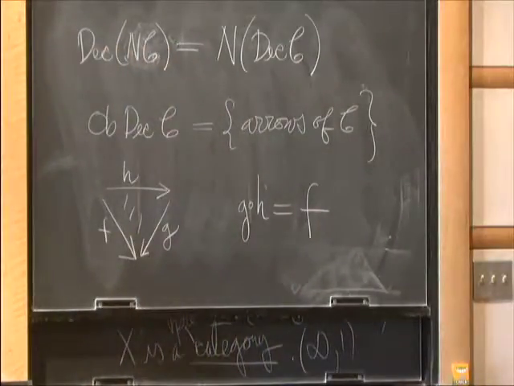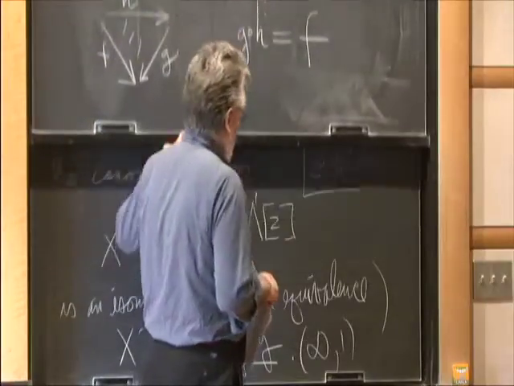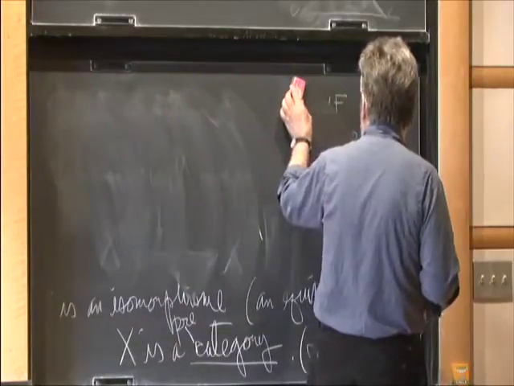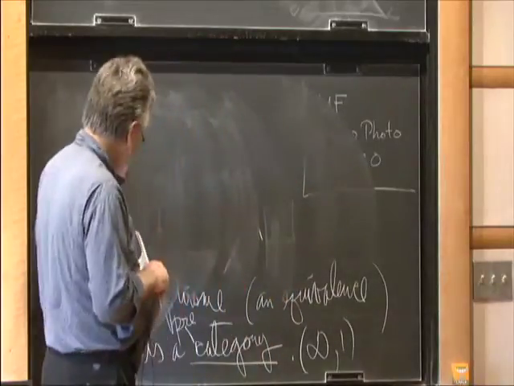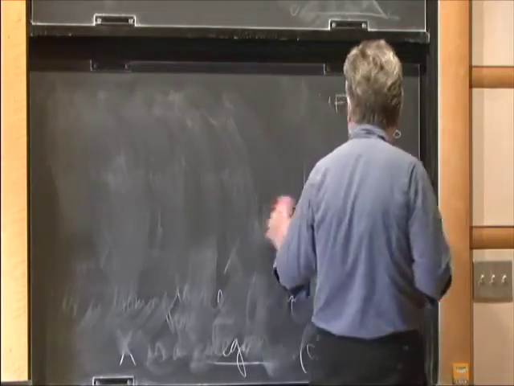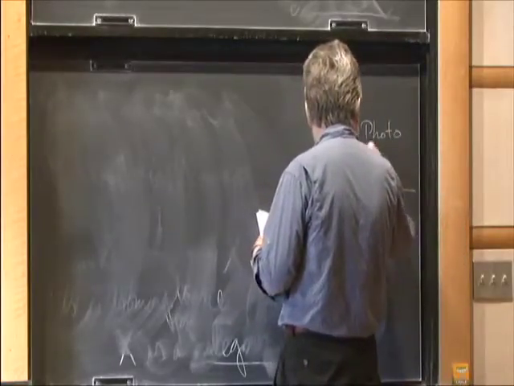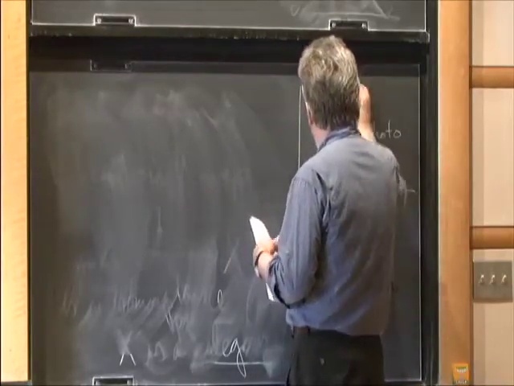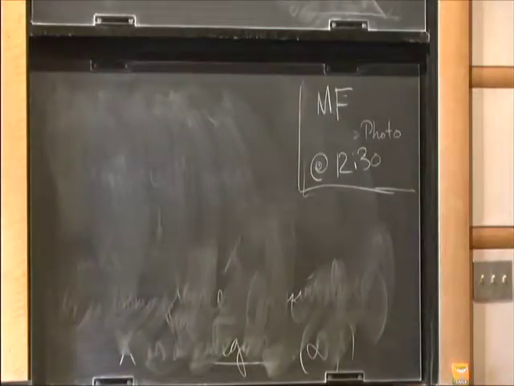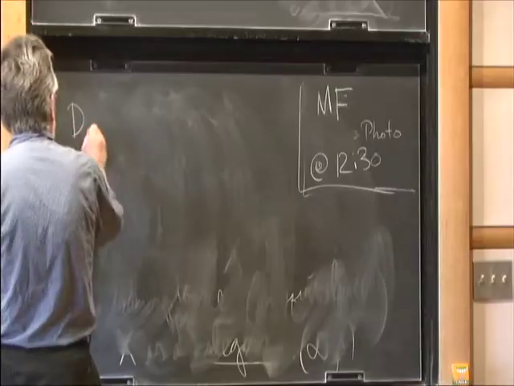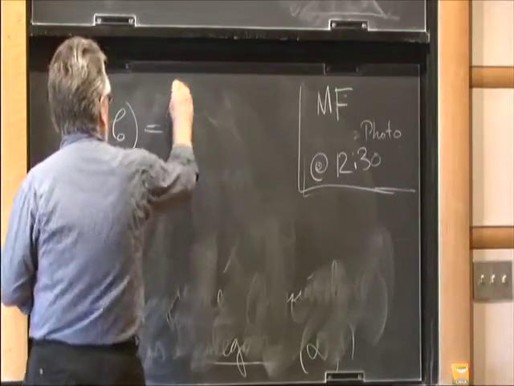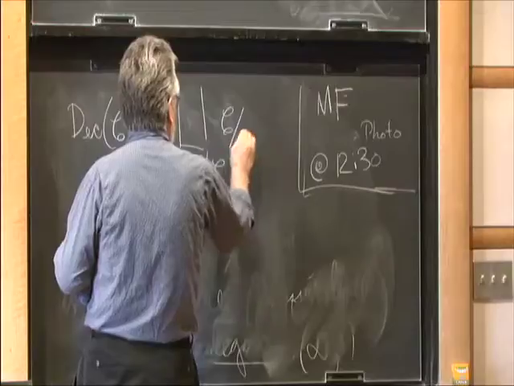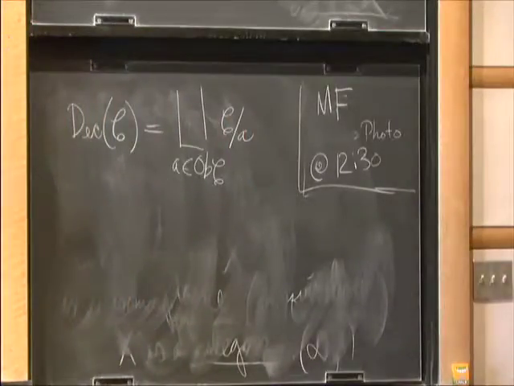So actually, we could say that dec of C is a coproduct, the union over all the objects A of C of C over A, just the disjoint union of all these categories.